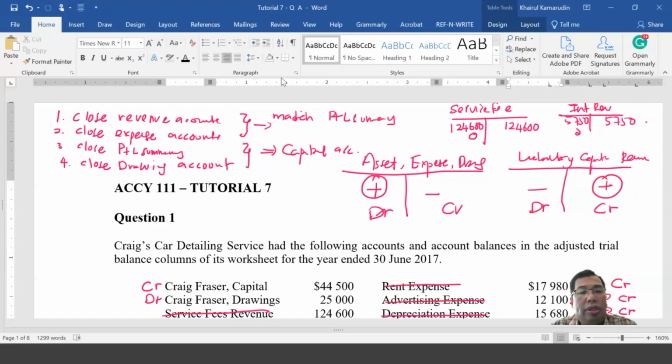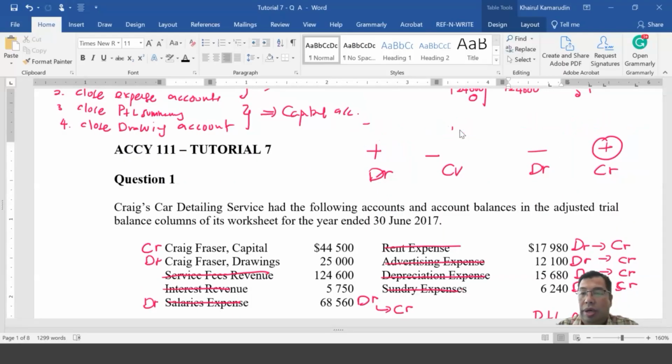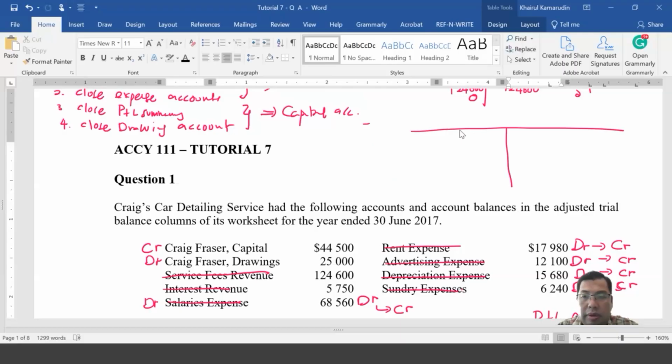We need to close our profit and loss summary. How to close this account is by transferring that figure, the difference, to our capital account. So let me just draw your capital account. Okay, this is your capital.